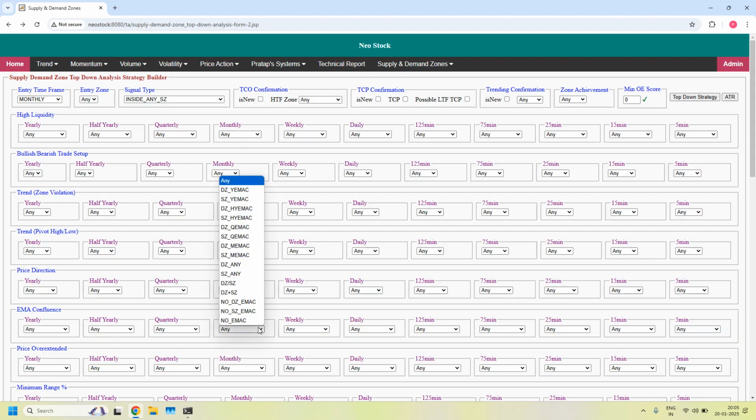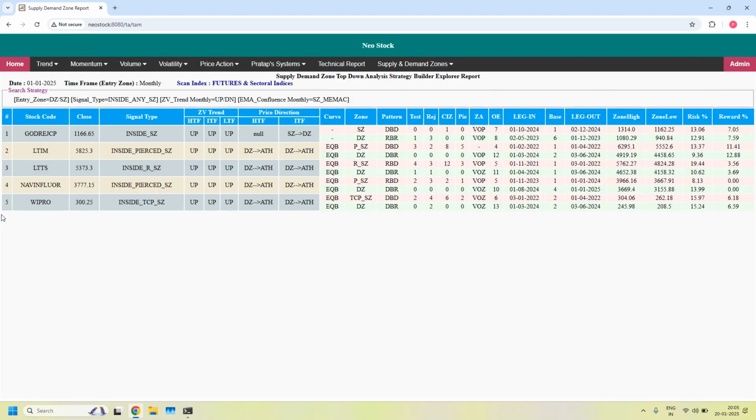At monthly time frame, monthly supply zone having monthly EMA Confluence, and the trend at monthly time frame should not be sideways. It can be up or down. Let's filter. We got 5 stocks. These 5 monthly supply zones are having monthly EMA confluence, and current price closed inside the monthly supply zone. Okay, this is about monthly time frame.